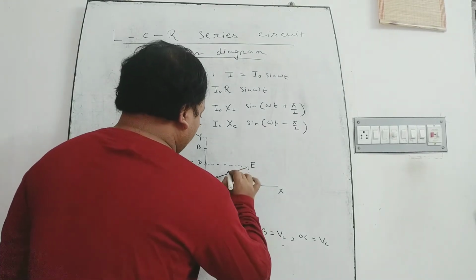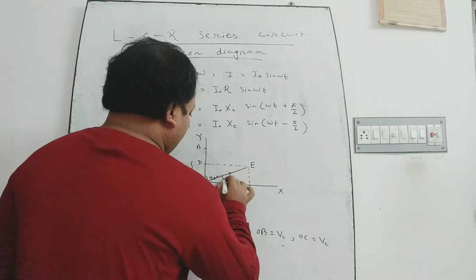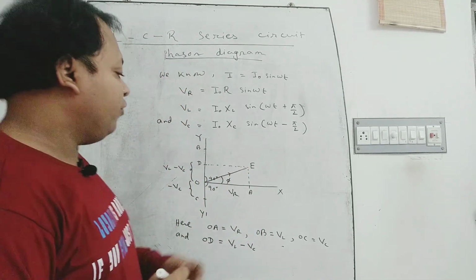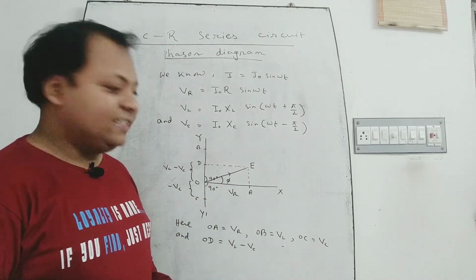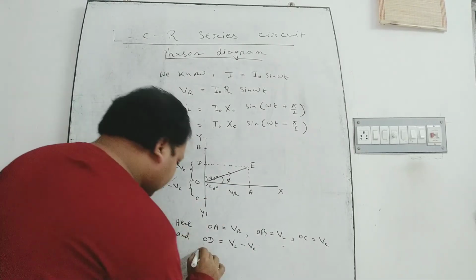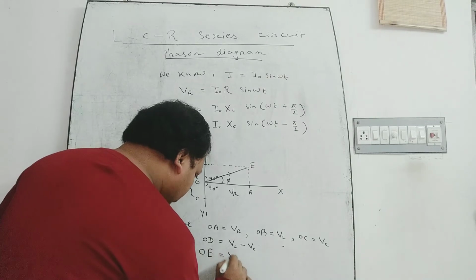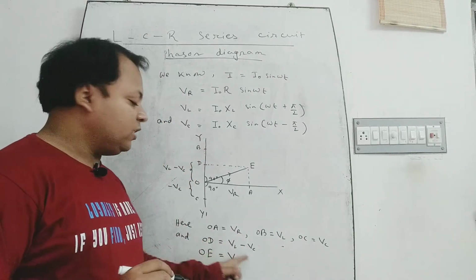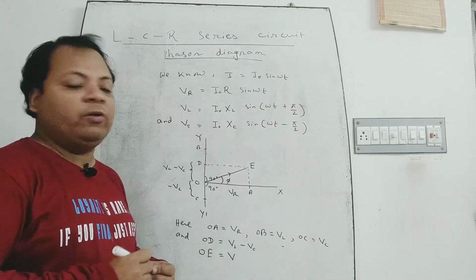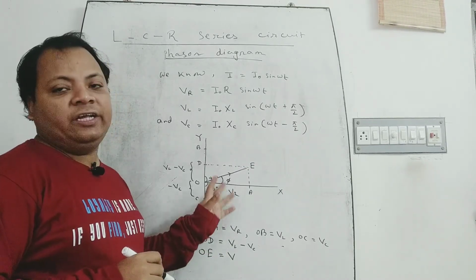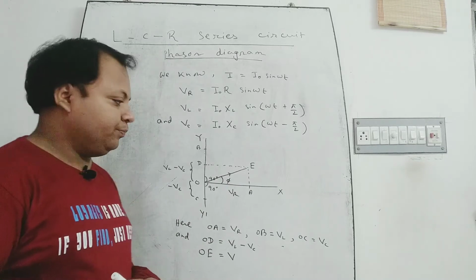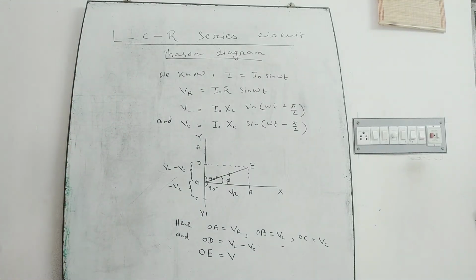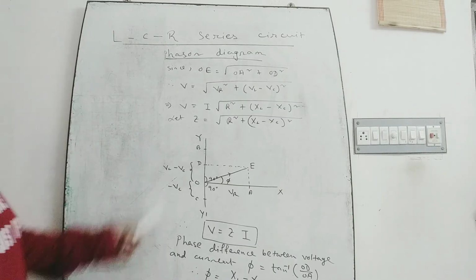Now we can draw the rectangle OAED. The diagonal OE of the rectangle denotes the resultant voltage or EMF of the LCR series circuit. From the rectangle we can write that OE square is equal to OA square plus OD square. Therefore, V is equal to under root of VR square plus VL minus VC whole square.